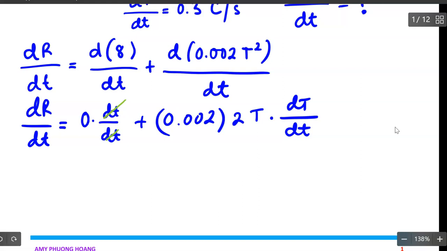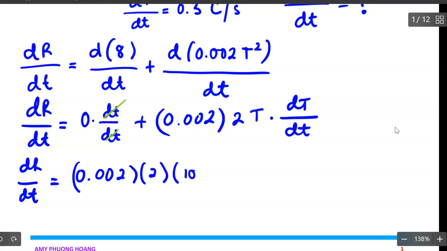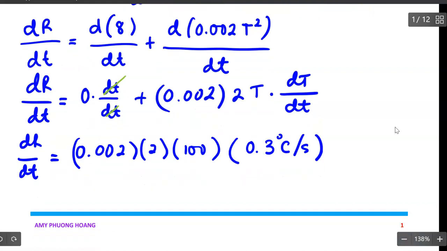Okay, so all we have to do is to substitute the values that are given to us into this differential equation, and we solve for the unknown. So 0.02, I times this with 2, I times with 100, and I times it with 0.3 degrees Celsius per second, and my final answer should be 0.120.